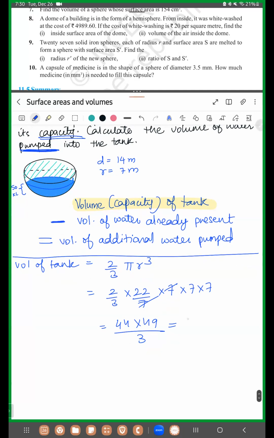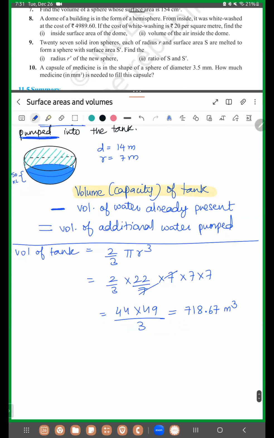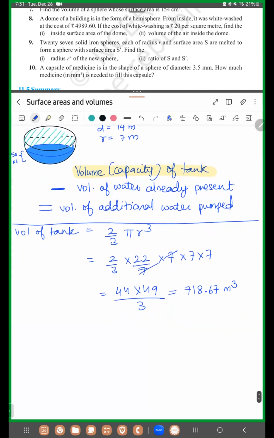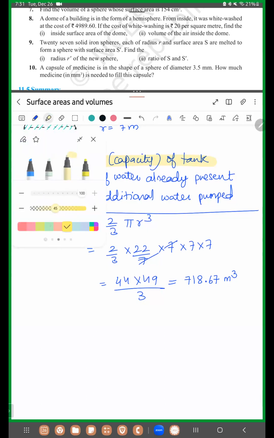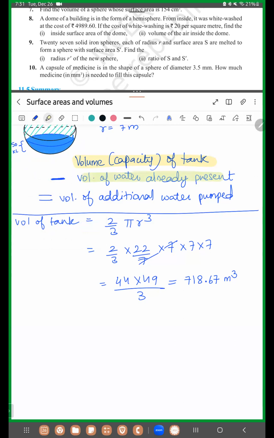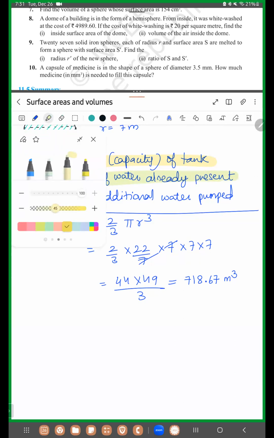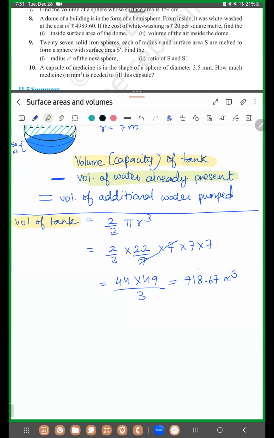That is 718.67 meter cube. Now here is a slight tricky part. This volume is in meter cube, but the volume of water that is already present is given in kiloliters. So the total capacity of the tank is this much.